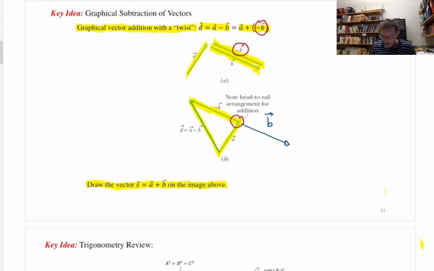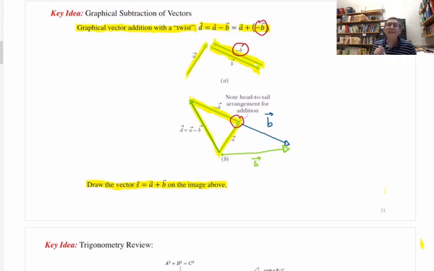And then the sum S, not the difference, D, goes from the tail of A to the head of B. So there's S, the sum A plus B. And over on the left is D, A minus B. And the vector S and the vector D are different. They may have the same length in this case, S and D, but they do not point in the same direction. And therefore they are different vectors. So that's the graphical method for subtracting vectors.